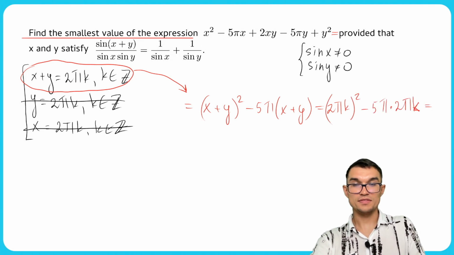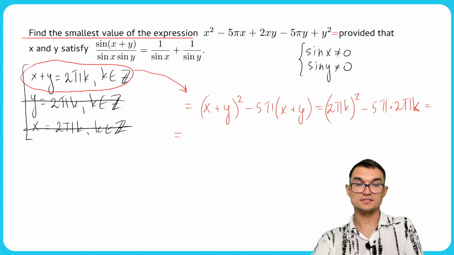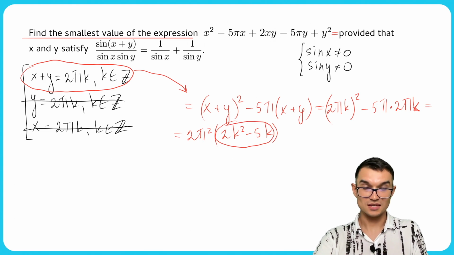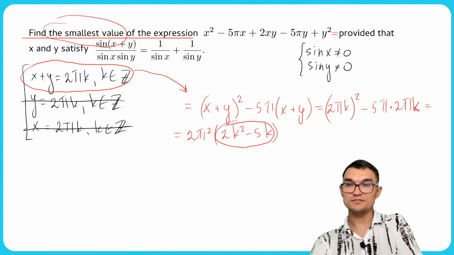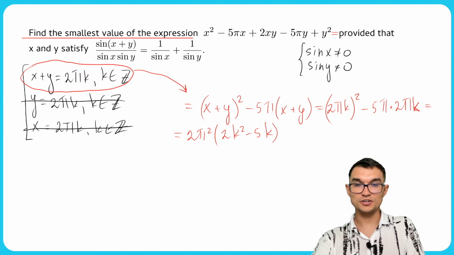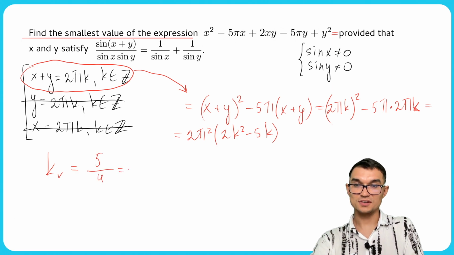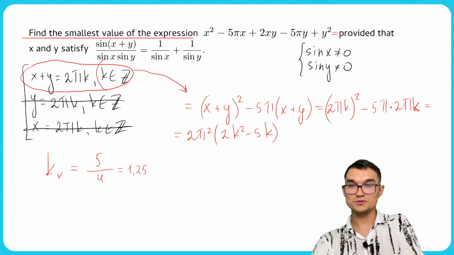And if we open the parentheses and factorize that expression, then we're going to have 2 pi squared times 2k squared minus 5k, which is a quadratic function with respect to k. And the smallest value of that function is reached at its vertex, so we have to find k vertex, which is equal to 5 over 4, which is not an integer, and k is supposed to be an integer.